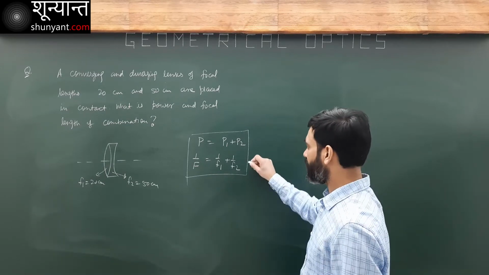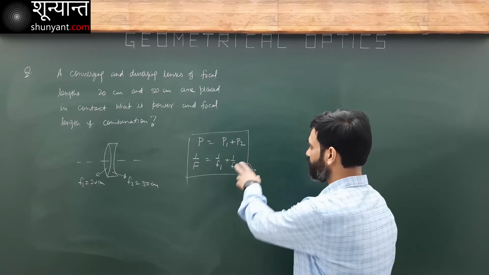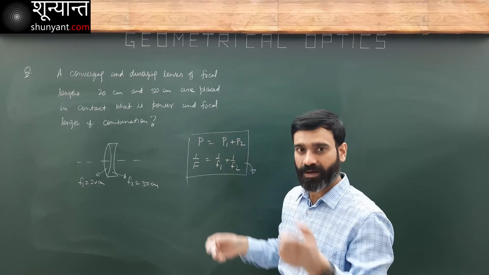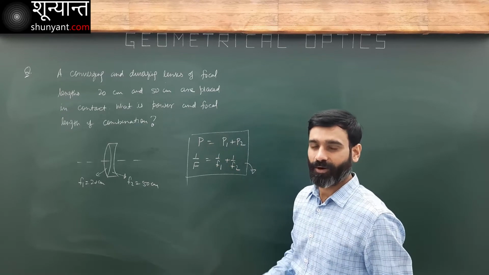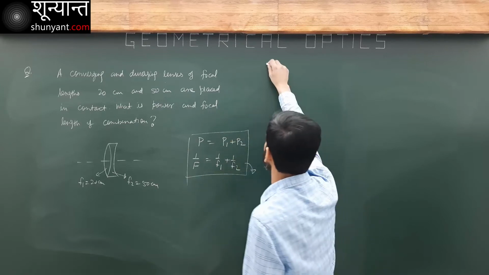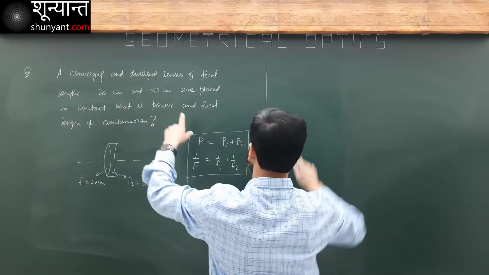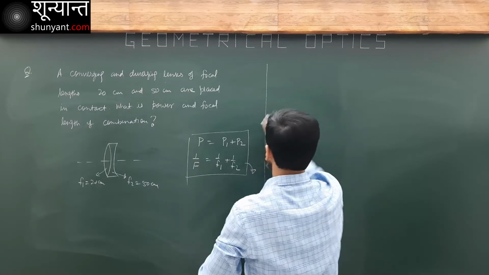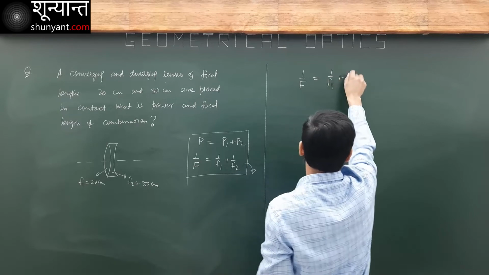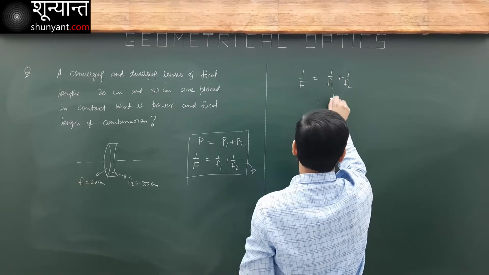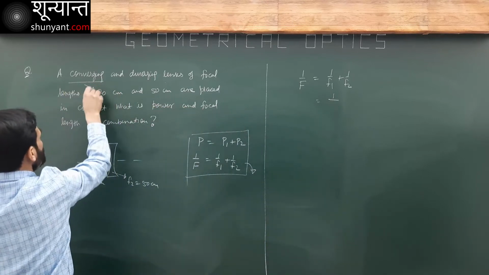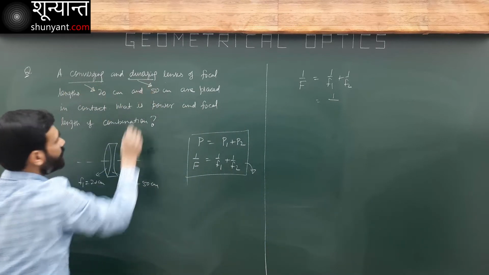Focal length is given. So either I can find focal length of combination and then from there I can find power, or I can find power first, then I can find focal length. Let's do it both ways so that you are not confused. First let's use 1 over f is equal to 1 over f1 plus 1 over f2. f1 is converging, 20, and f2 is diverging, 50.